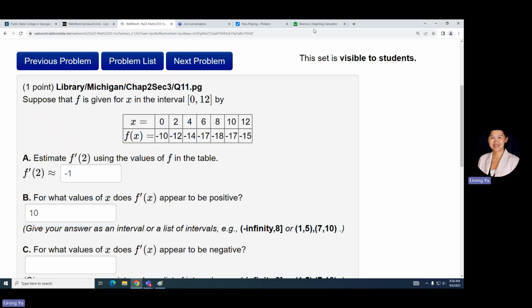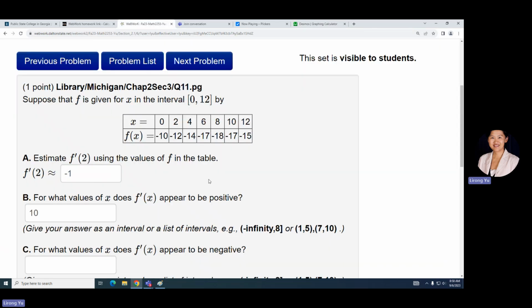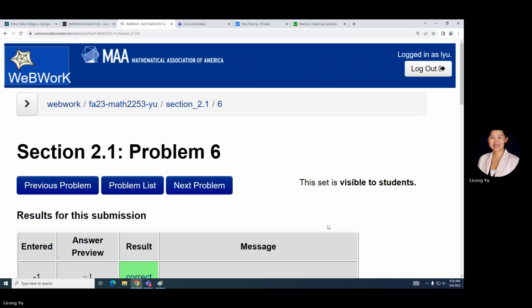So it's negative, negative, negative, negative. This looks like a 0 because it's turning. And that's positive, and then positive maybe. But 10 is definitely positive, so let's submit.